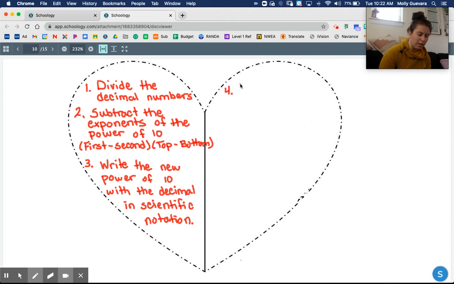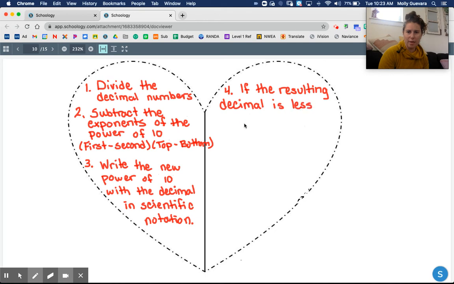And then step 4 is similar to step 4 in multiplying. Just how step 4 on multiplying applies to multiplying and dividing, this one also applies to multiplying or dividing, depending on what you get. Okay, so if the resulting decimal is less than 1, remember that my decimal cannot be less than 1.